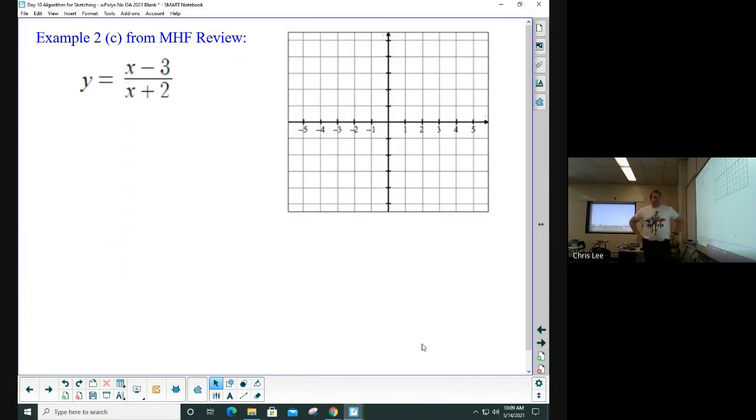All right, so again, we've done some work on this, but yesterday when we did it, we did test points. And here we're going to use limits. So we'll tidy it up.